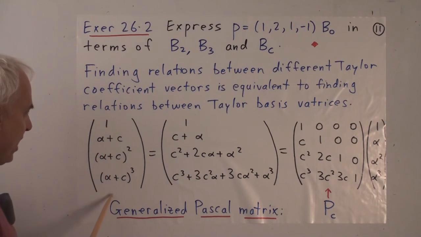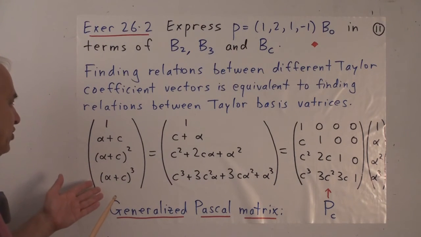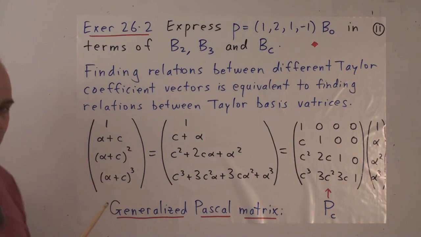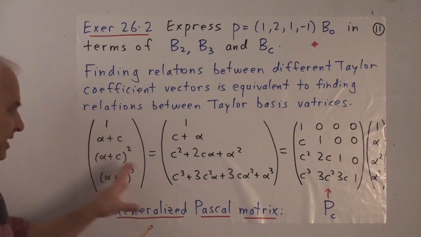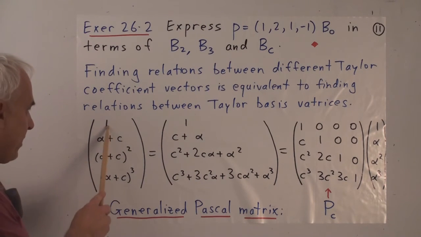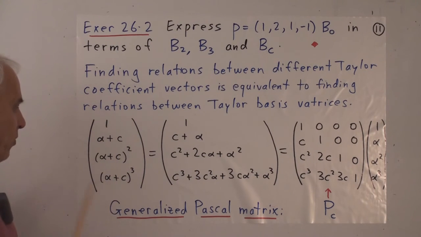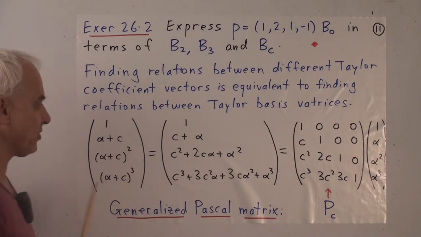So on this side here, we have powers of alpha plus c. It's just a little bit easier to use alpha plus c rather than alpha minus c, because then we don't have minus signs, but we'll see shortly that replacing c with minus c doesn't change things very much. So let's have a look at how you express, say, alpha plus c squared. Well, that's just a question of expanding this out as a linear combination of powers of alpha.